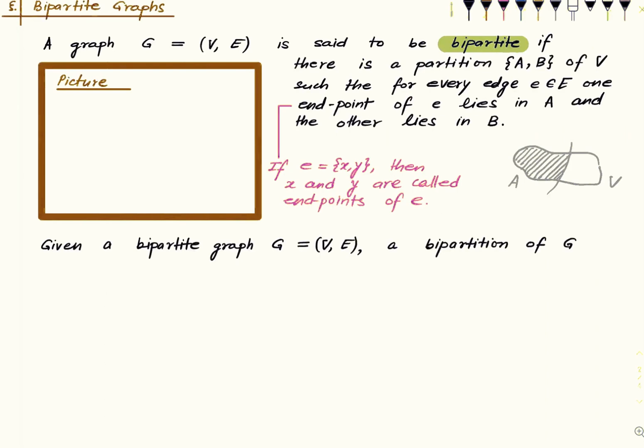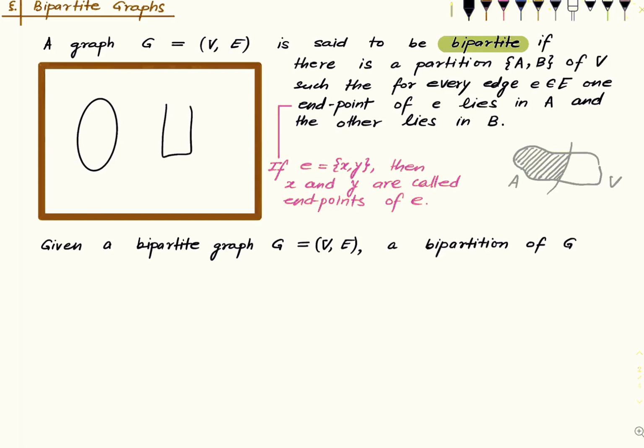Right, so what we are saying is, a graph G, let's say this blob denotes the vertex set. Usually vertex sets are denoted by dots, but blobs are also a very popular way to depict vertex sets of graphs. So we will say G is bipartite if one can find a partition of the vertex set into two parts, such that whenever we pick an edge, we find that one endpoint is in A and the other is in B. So the definition should be clear, but generally, one can picture a bipartite graph as follows.